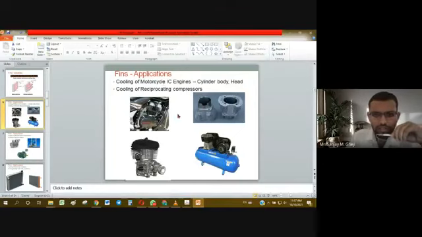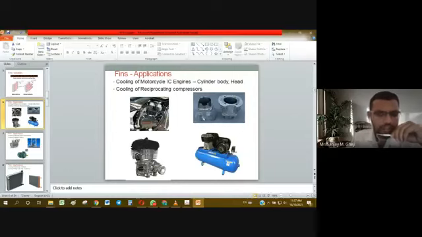So as you can see in the images, the cooling of IC engines, motorcycle and bike engines, the cooling of reciprocating cylinders, reciprocating compressors. Okay, all these are provided with such serrations or such extended surfaces. These are nothing but fins. Okay, so these are peripheral fins.